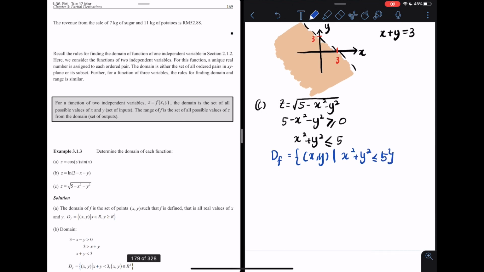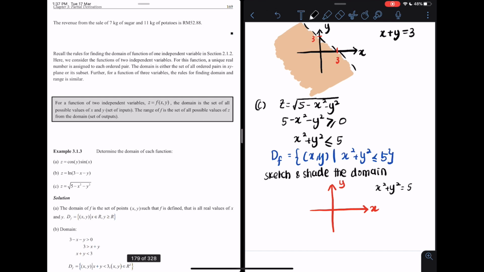Again, if the question asks you to sketch the domain, let me improvise my question: sketch and shade the domain. So what should I do? I have to sketch it in a two-dimensional coordinate system that involves y and x. So try to sketch x squared plus y squared equal to 5.